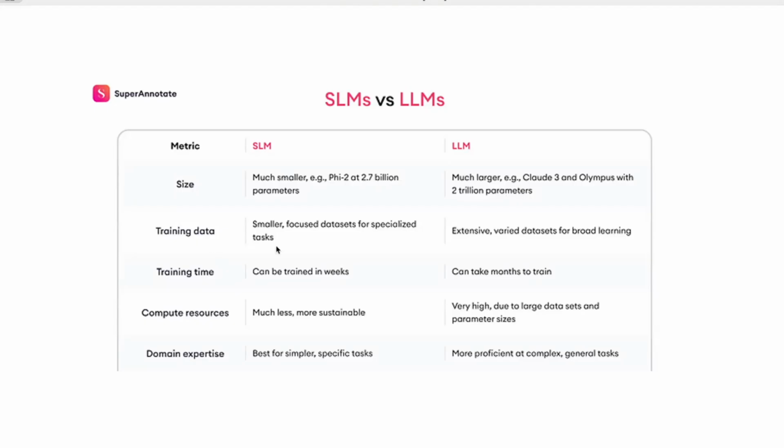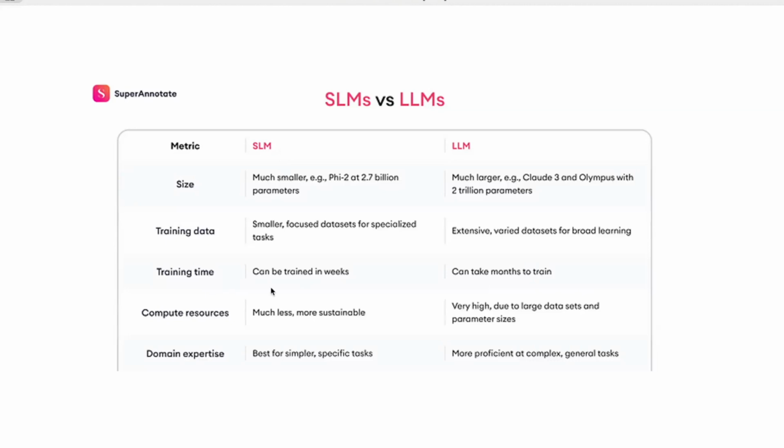In terms of the training data set, the SLM is much smaller. The training data set is more focused on specialized tasks, while the LLM is trained to become a generalist, right? To reason just like a human being, able to adapt to any new task for broader learning.